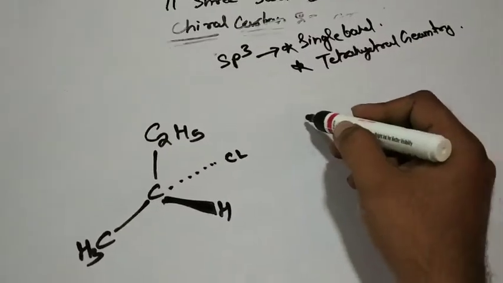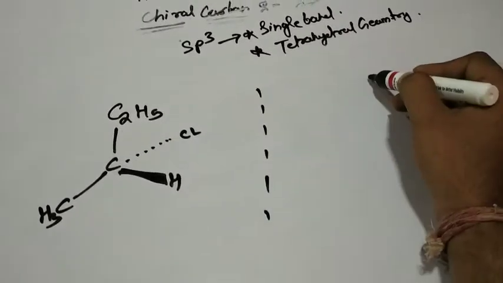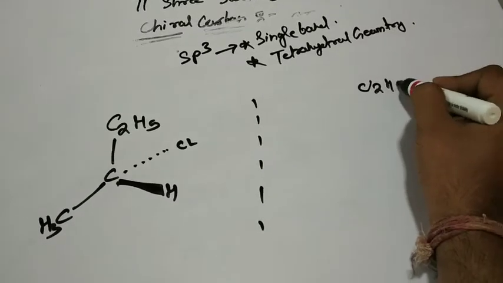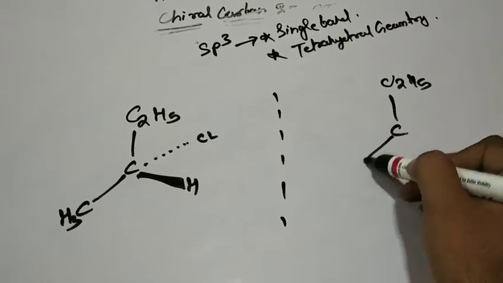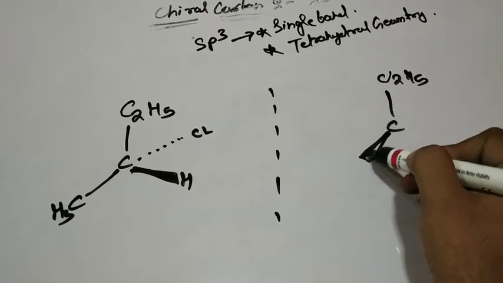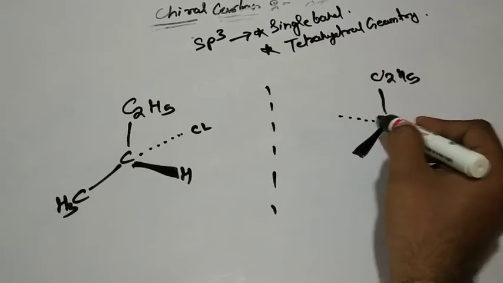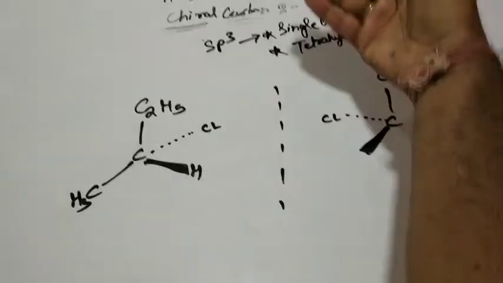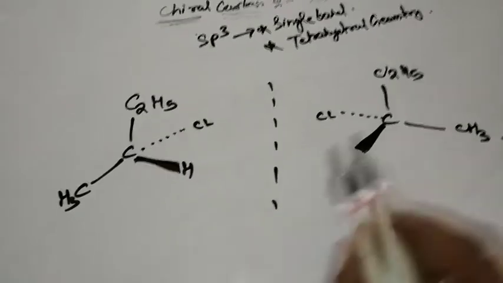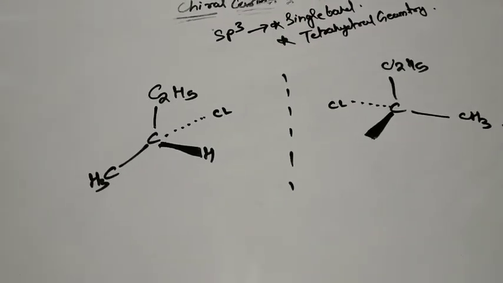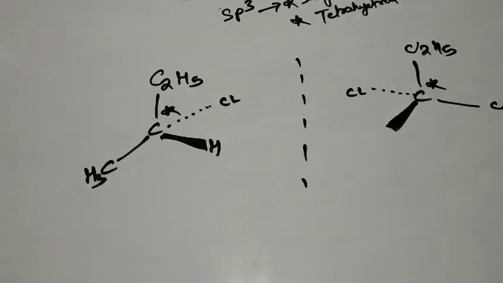So when we take the mirror image of this, you will get such a compound: C2H5, carbon, then this wedged hydrogen which is on your side, and the chlorine atom which is on the back side, and then comes the CH3, right? So they are the mirror images of each other. Now this becomes your chiral carbon, this also becomes your chiral carbon, right?